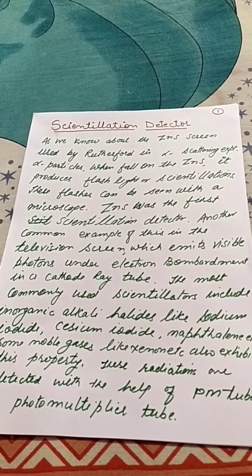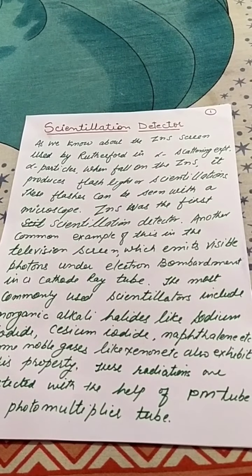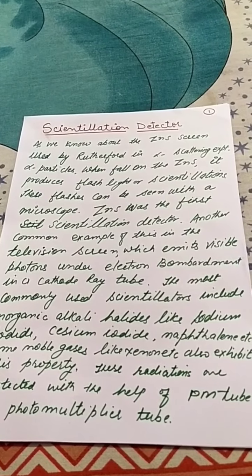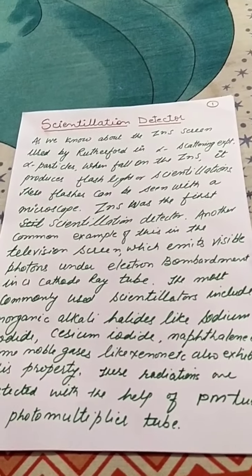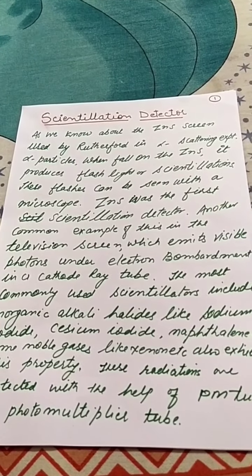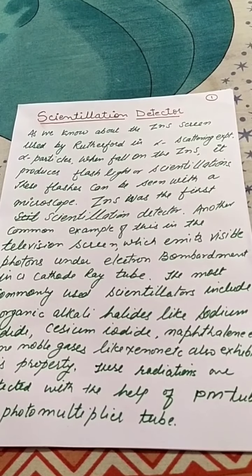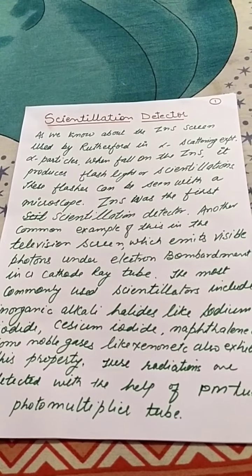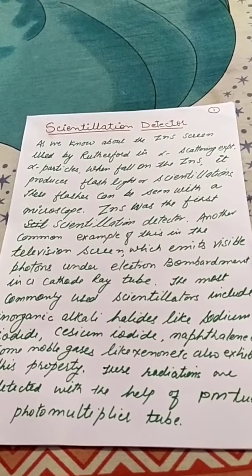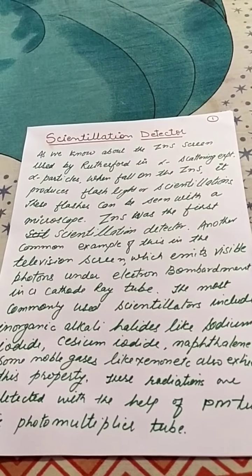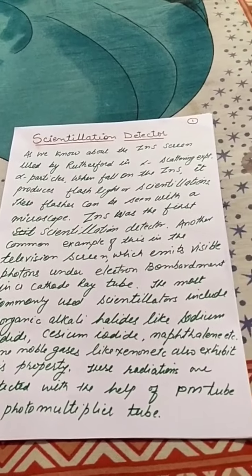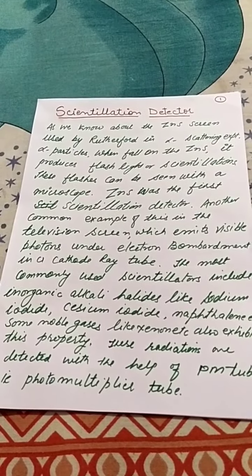When alpha particles fall on the zinc sulfide, it produces flashes of light, scintillations. These flashes can be seen with microscopes. As I have earlier told you, the eye restricts the count to about 100 per minute, so we use the microscope.